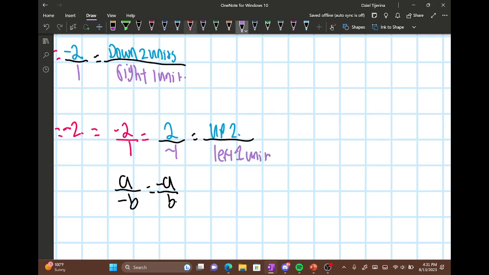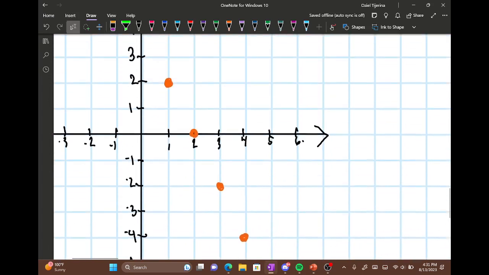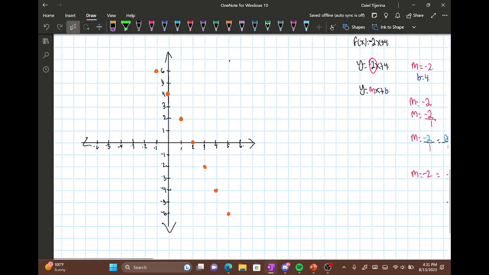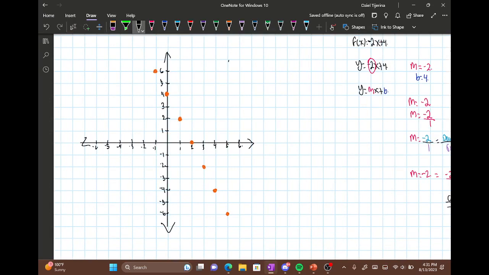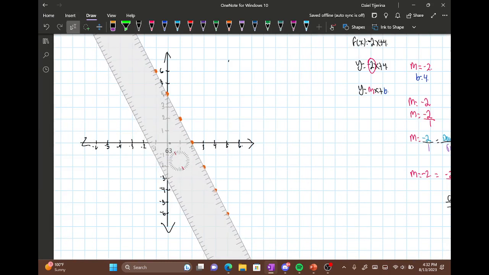Sorry if it's taking me a while to write this, but that's how it goes. From here, we go up 2, so 1, 2, and then 1 to the left right here. That's the furthest we can go because we can't go any higher on our y-axis. So this is how we would graph this function: we trace a line that connects the dots.